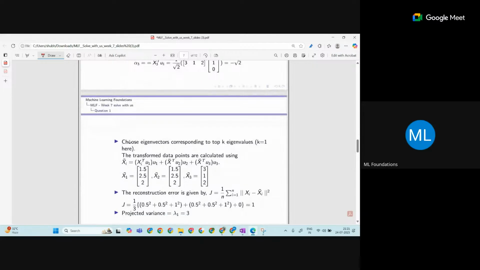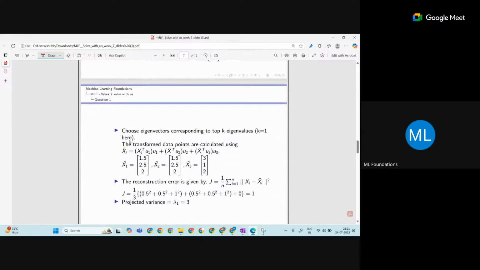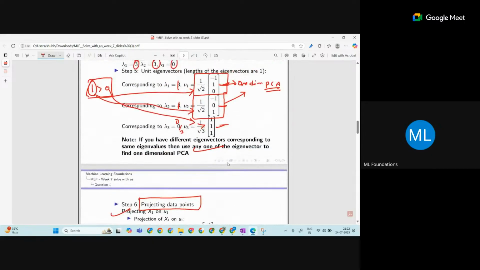And now the reconstructed or transformed data is added with the mean. Step 5, please. Yeah, I will come back to this.